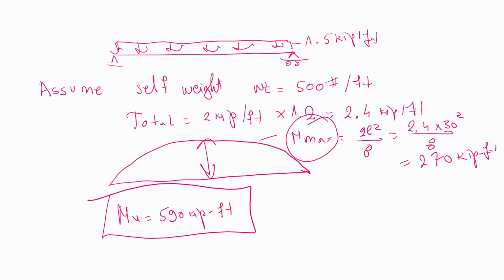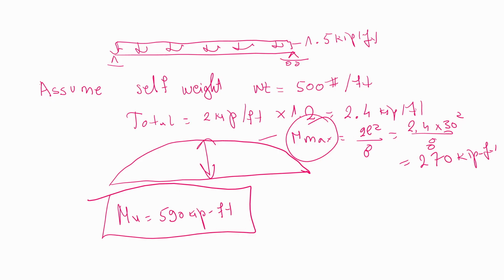Regarding the dead load, we have 1.5 kips per feet, and we are assuming self-weight. In our case, let's assume 50 pounds per feet. So the total dead load will be 2 kips per feet. And when we multiply with safety factor for a dead load, which is 1.2, we will have 2.4 kips per feet.